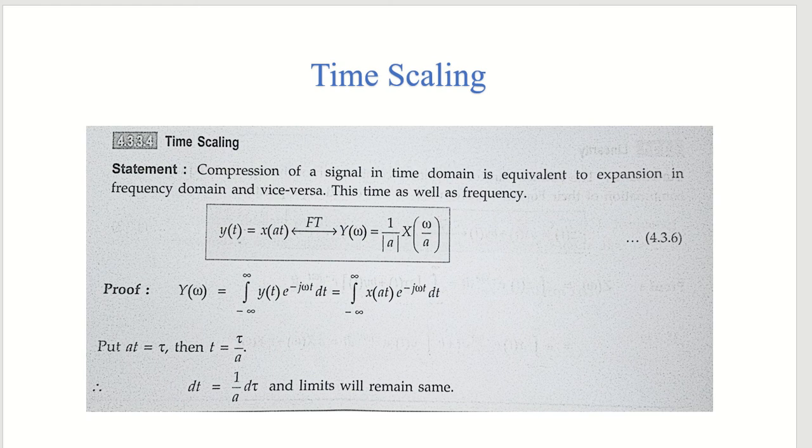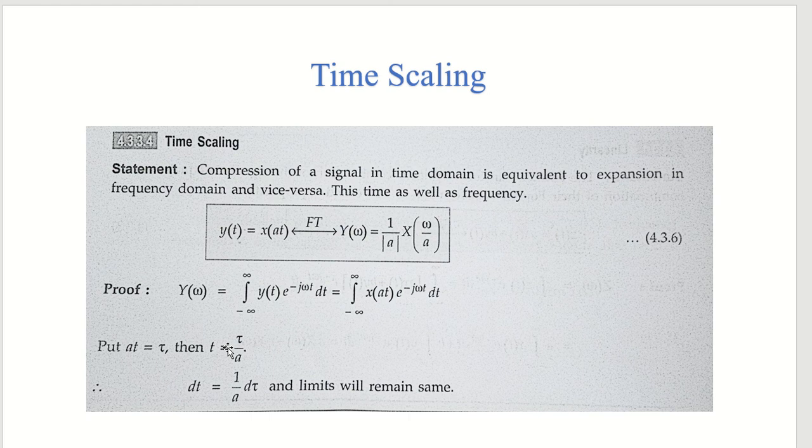When you differentiate t equals tau by a, you will get dt equals 1 by a into d tau, because a is your constant. The limits will remain the same because we are not making any big changes here.